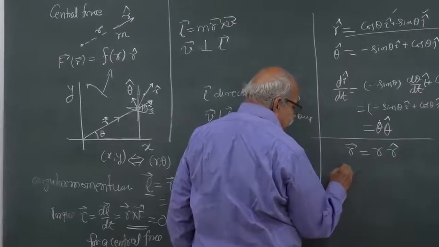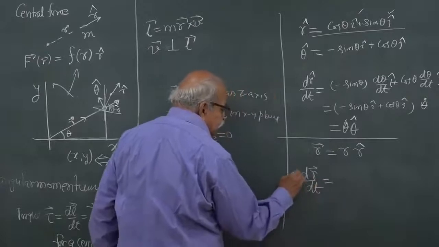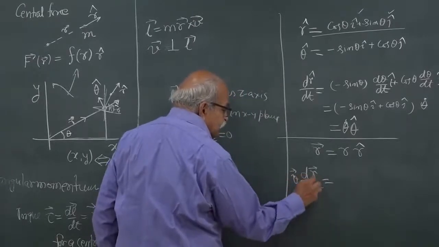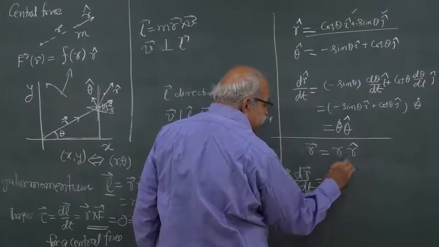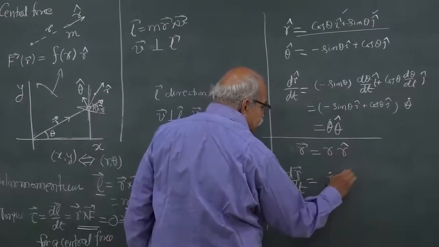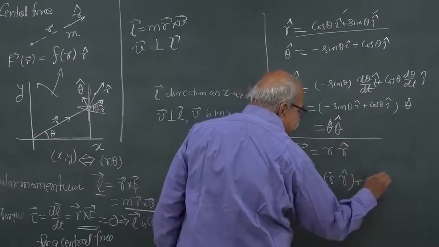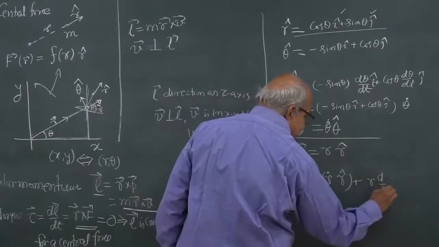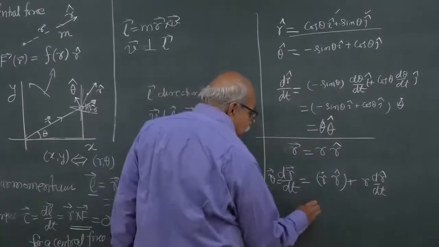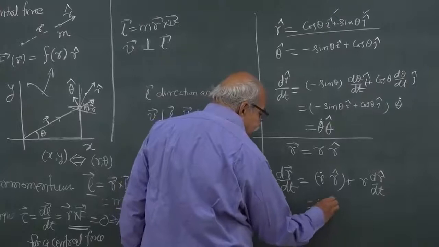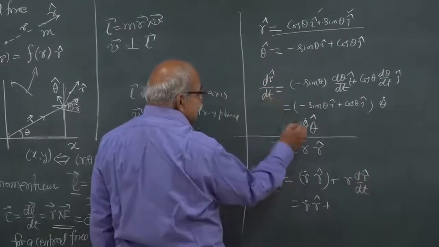So, what is dr dt? This is the velocity of the particle, dr dt, r vector here. So, differentiate this keeping this constant, then keep this constant and differentiate this, and that is equal to r dot r cap, plus r times d r cap dt. d r cap dt is right here.